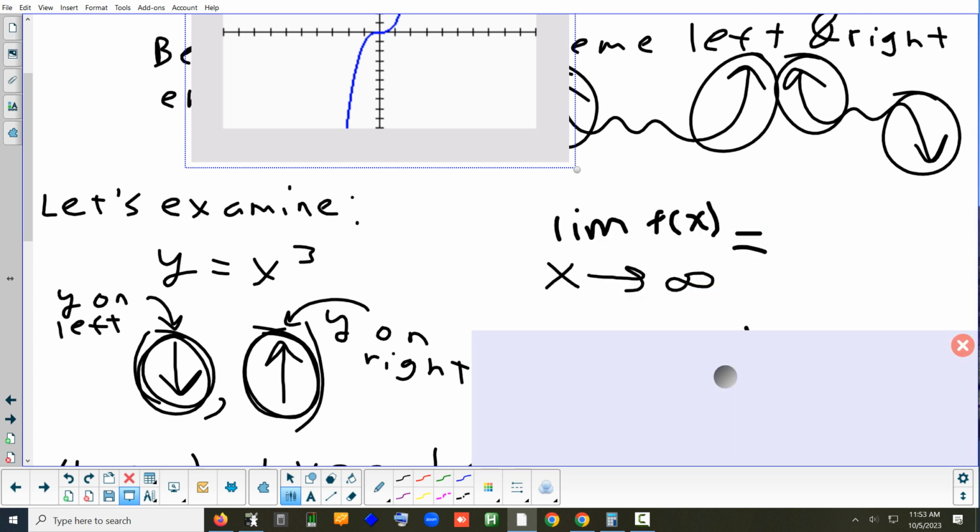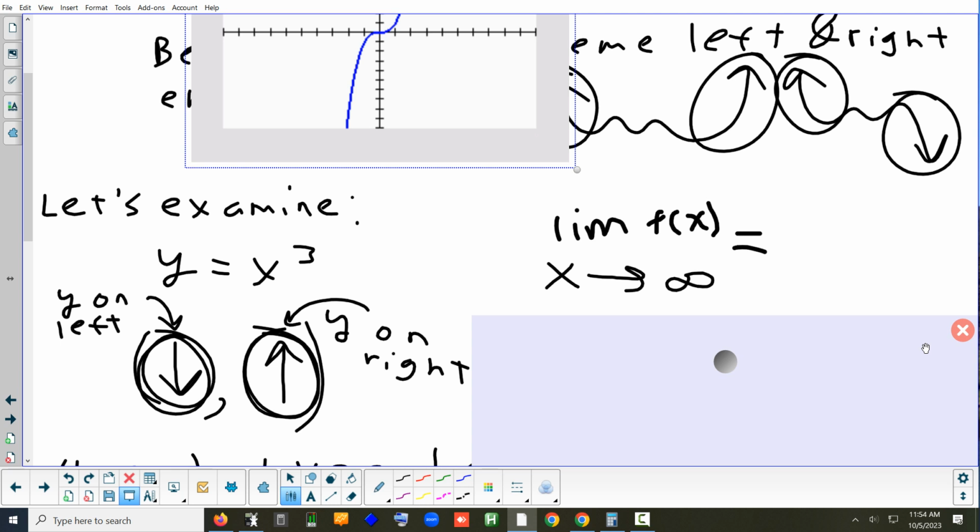Now, the other way we can describe it, instead of writing it as an arrow, we might see the same thing written as what's called a limit. So I'm going to read that to you exactly the way it's pronounced, and then I'll explain it a little simpler. This is pronounced the limit of f of x as x approaches infinity.